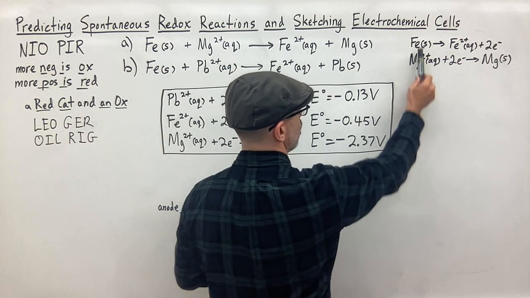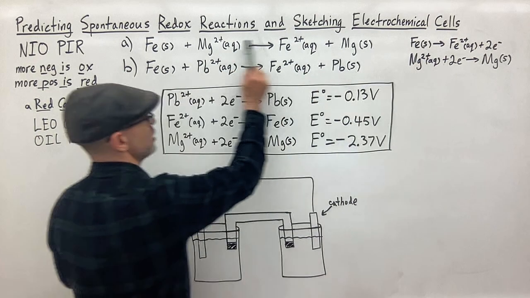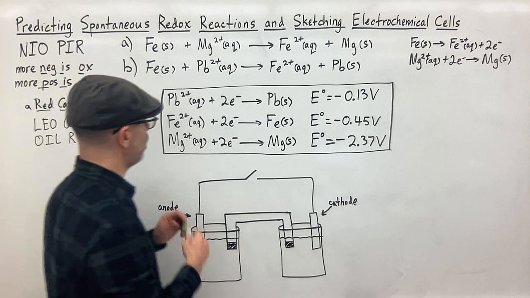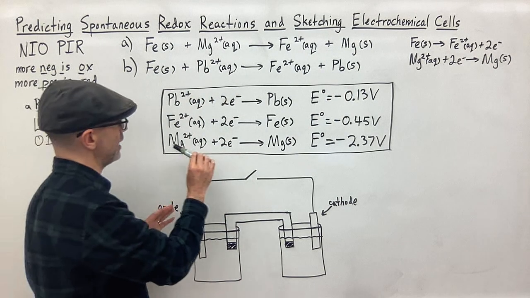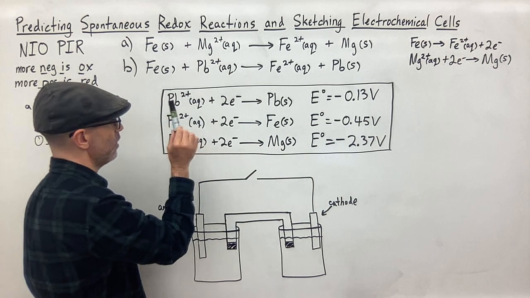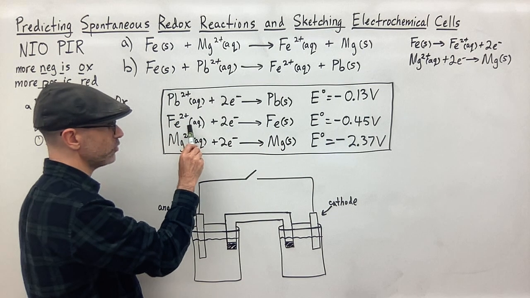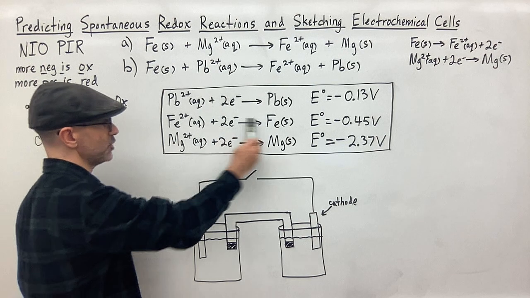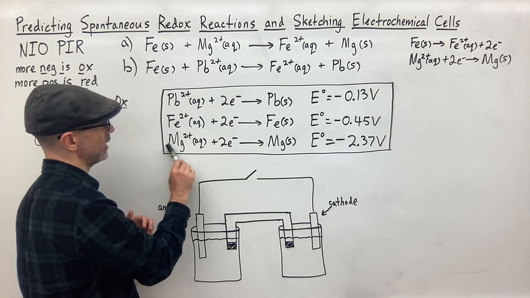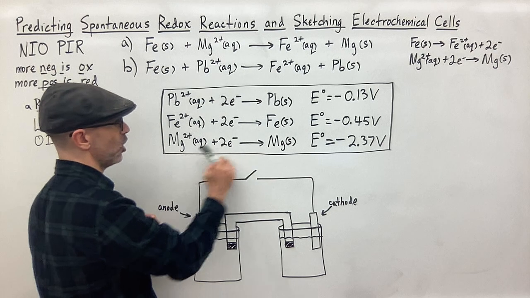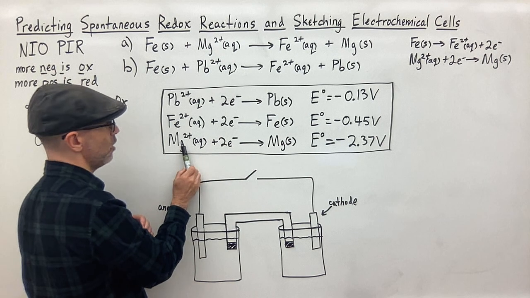We got these from this equation here. We're trying to figure out, is this going to be spontaneous? Well, we already saw that since iron is higher on the table, that is the one that's most likely to spontaneously undergo reduction. That means that magnesium is more likely to spontaneously undergo oxidation.